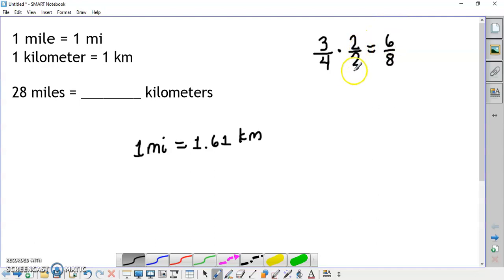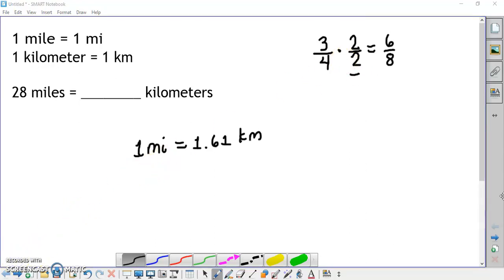The 2/2 is our conversion factor. The numerator and the denominator are the same amount. That means that 3/4 times 1, even though it is still 3/4, multiplying by the conversion factor 2/2 expresses 3/4 as 6/8. So 6/8 and 3/4 represent the same amount.